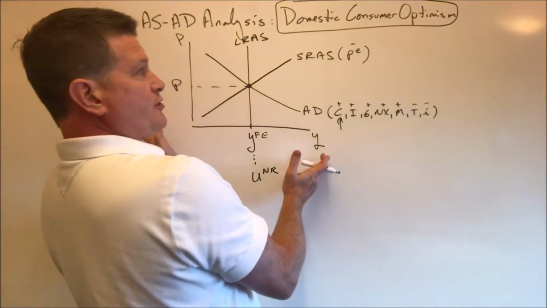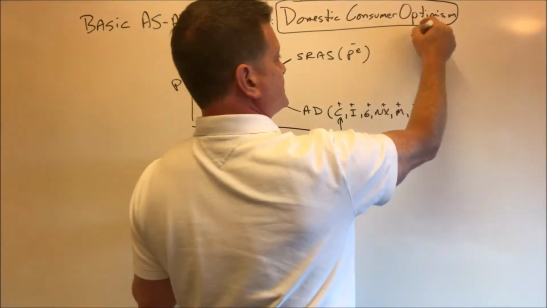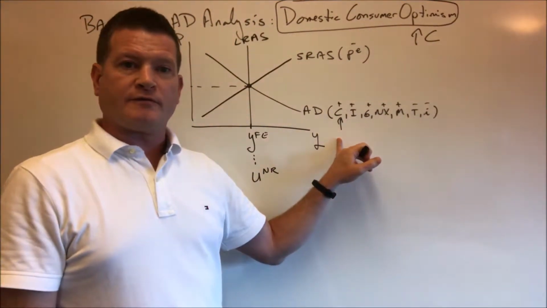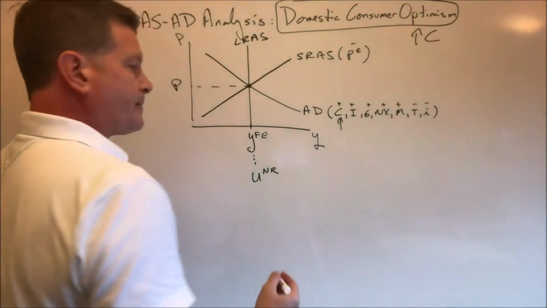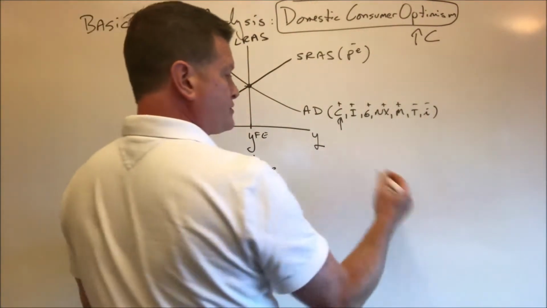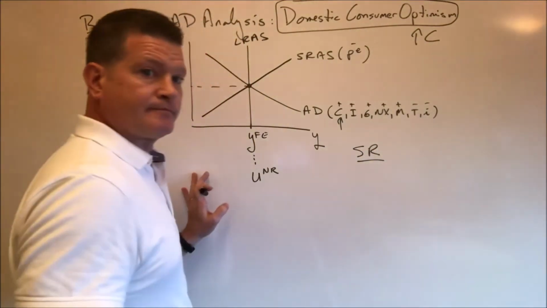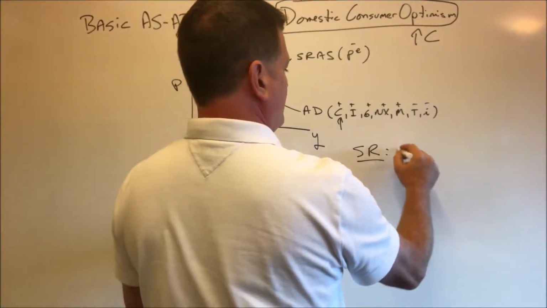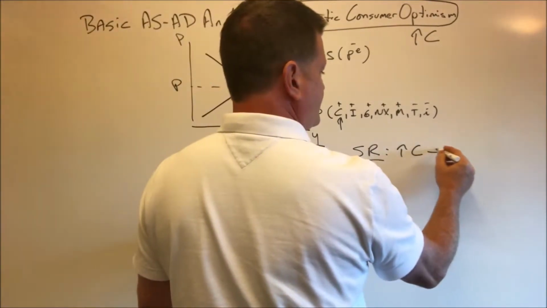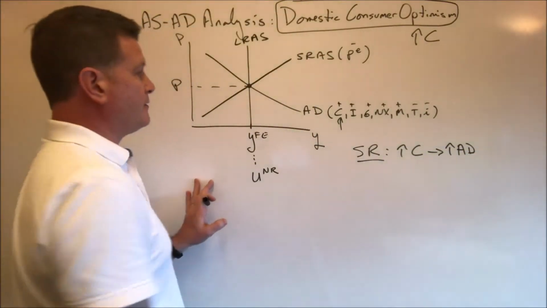So step one is to draw a diagram. Step two is to take your shock and to translate it into one of these variables so you know which curve to move. Now, when I do my analysis, I like to take notes off here to the side. In the short run, we got an increase in consumption, and that increase in consumption generated an increase in aggregate demand.